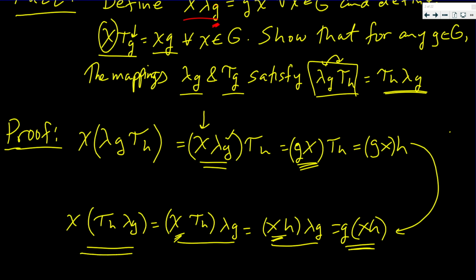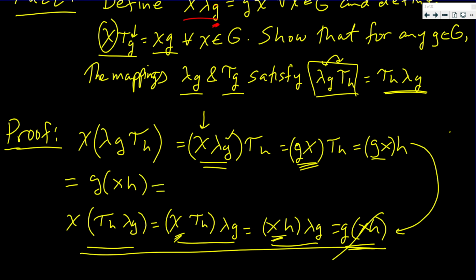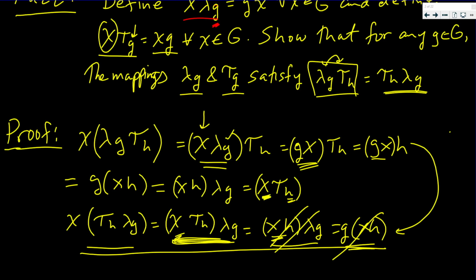That is, just write this backwards, and I will do it right here. gxh is the same as gxh, that's this line, or that part, which is equal to xh tau lambda g, we got that one, which is this, which is x tau sub h, because tau sub h multiplies this on the right by h, that's just what I have, times lambda sub g.